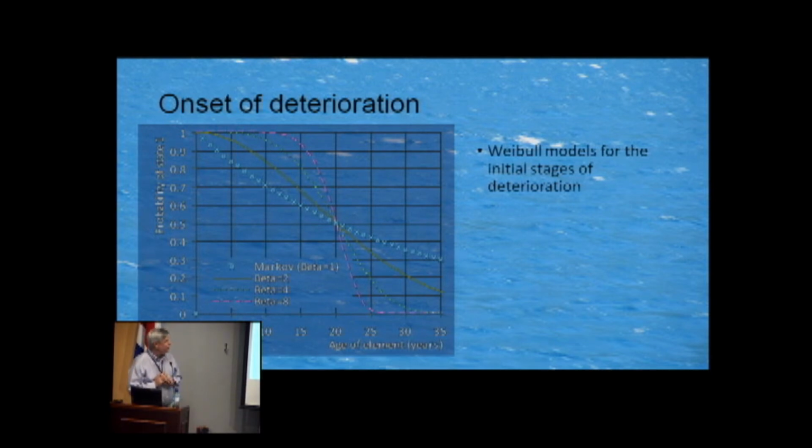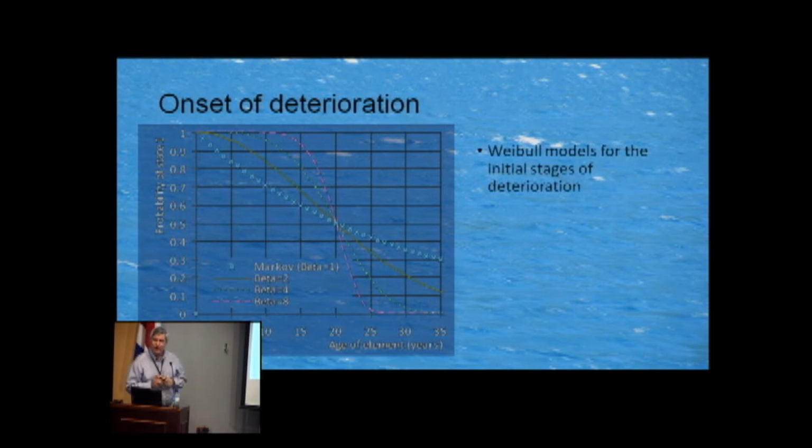And one way is to look at the onset of deterioration. In most cases, a bridge spends most of its life in pretty good condition before it starts to deteriorate. But once it starts to deteriorate, then it tends to deteriorate at a faster rate. And so the later stages happen much faster than the early stages. And we want to make sure the model reflects that accurately.